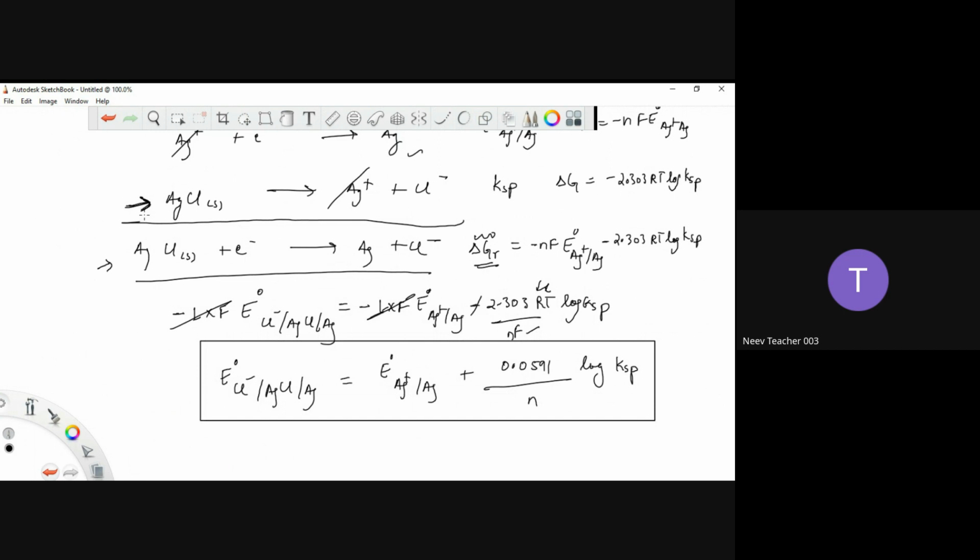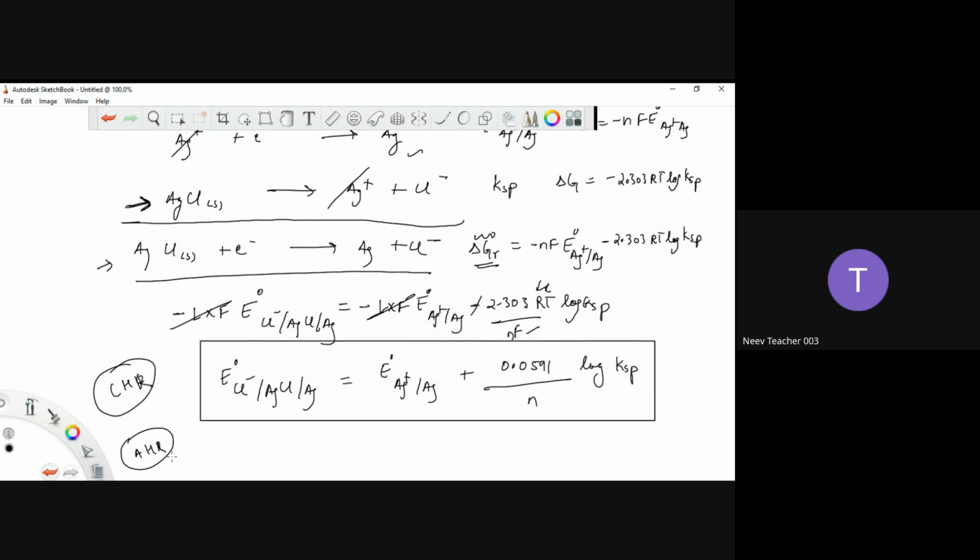Fair enough. So this is the half cell reaction, basically the cathodic half reaction. For the anodic half reaction, how are we going to do it? You need to oppose it, and then calculate the anodic half reaction.